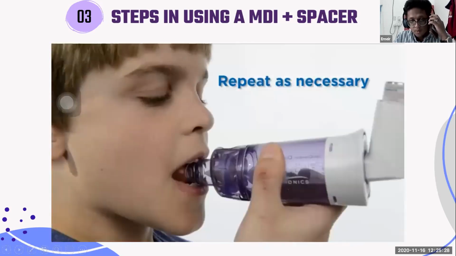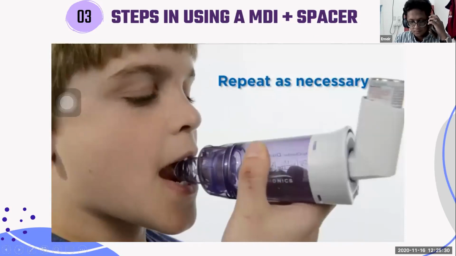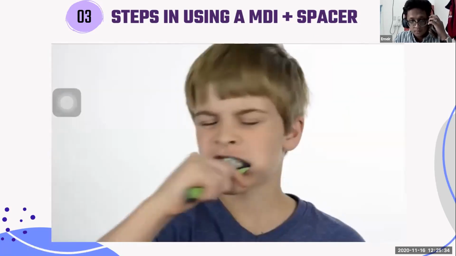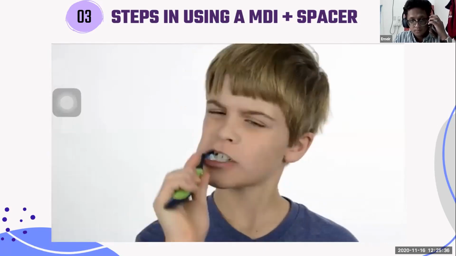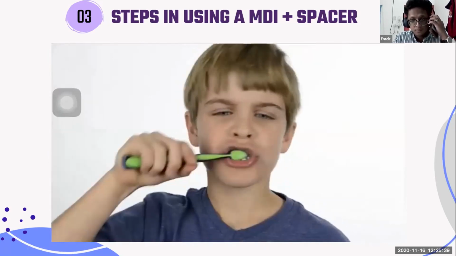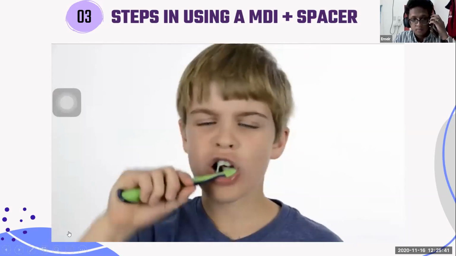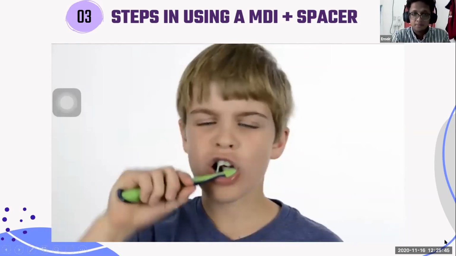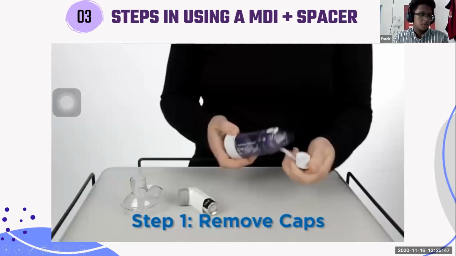If you hear a whistle, you are breathing in too fast. If the medicine is an inhaled steroid, have your child rinse his or her mouth and brush his or her teeth after each treatment. Make sure you rinse and spit and don't swallow. Clean the spacer and mask once a week.